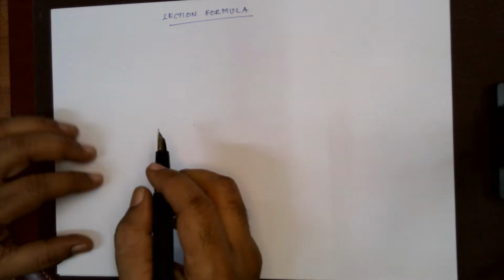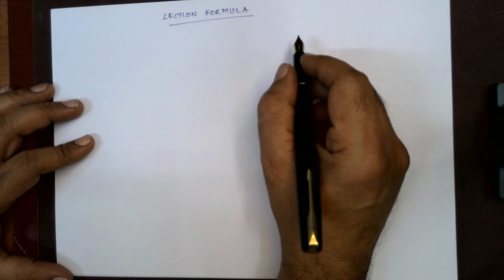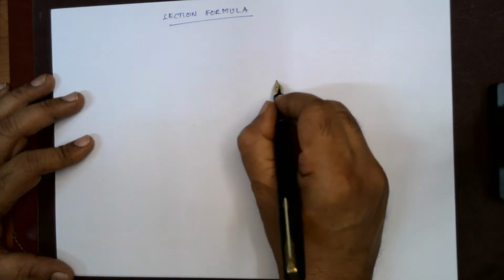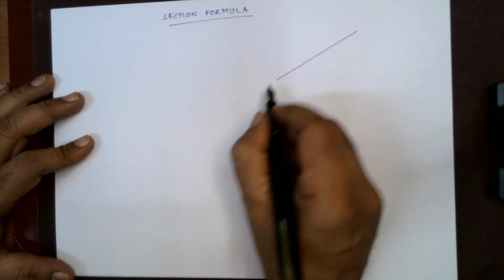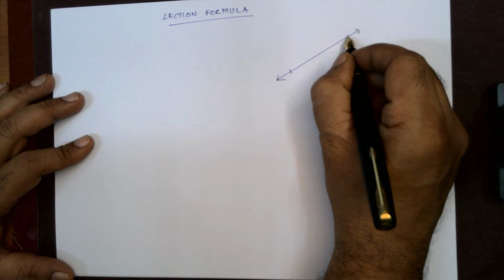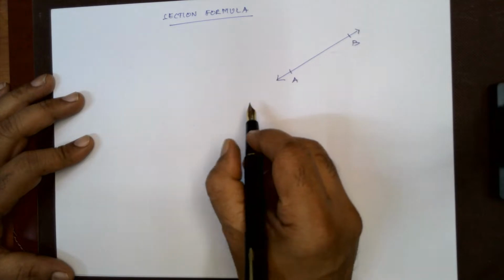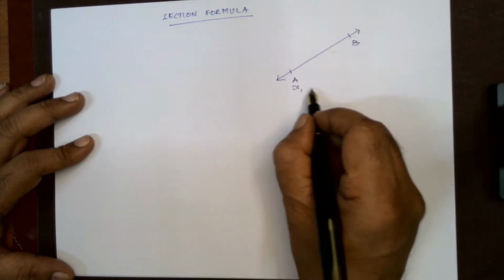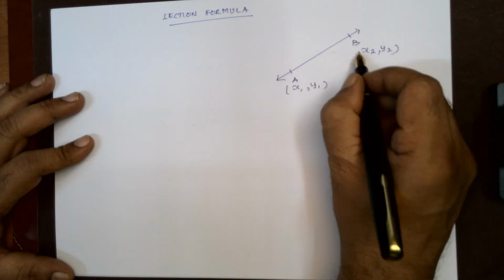Let us consider the section formula. We can draw a straight line, the line segment AB. A is given by the point x1, y1, and B is the other end.